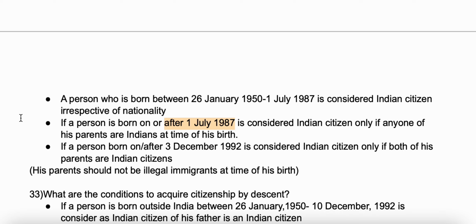So, a person born on or after July 1st, 1987 is considered an Indian citizen only if any one of his parents is an Indian at the time of his birth. Okay. Now, the third condition is that a person born on or after 3rd July 1992 is considered an Indian citizen only if both of his parents are Indian citizens. So, remember these dates are very important.